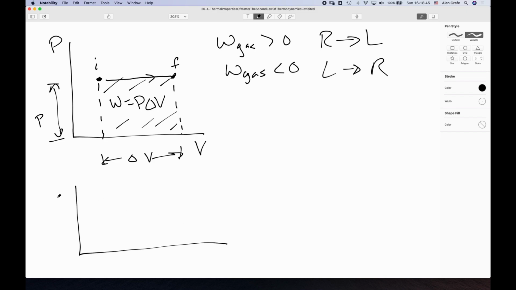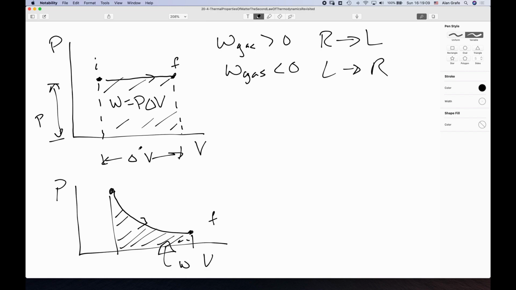What if the pressure isn't a constant? Well, it turns out that it'll still be the area under the curve. So let's say we have an isothermal expansion. In an isothermal expansion, the pressure will drop. The work is still equal to the area under the curve there.